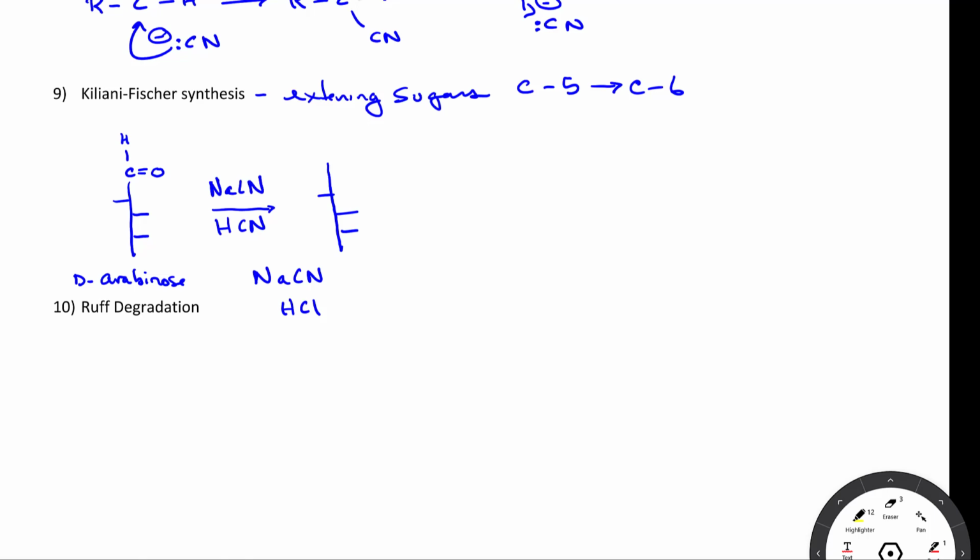And the way it's been added, it's going to be added like this. CN will be at the top, and it'll form a new bond to this carbon here. And then from that structure, hang on, I'll do something real quick. Just want to copy that.